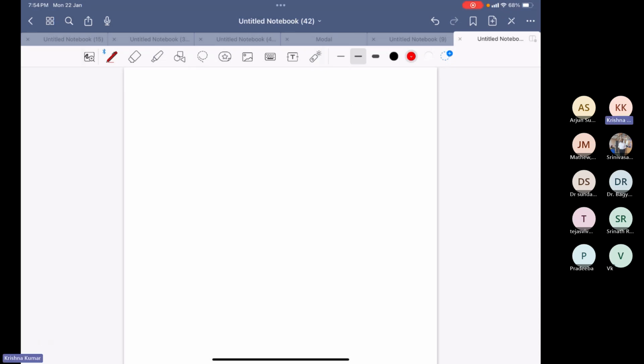Now, the function need not be one thing. The function can vary from one region to another region.